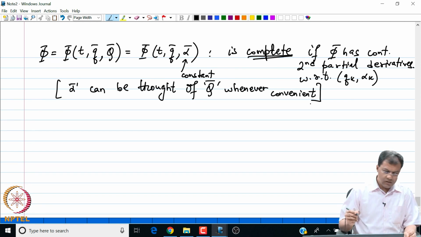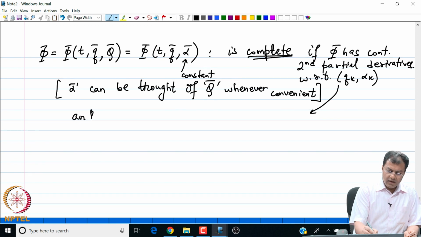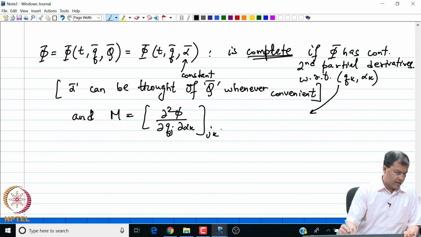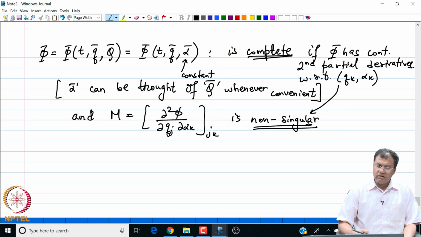Okay, so this is complete if the second partial derivatives exist, and the following Hessian matrix, which is partial squared phi over partial q_j partial alpha_k, with entries j, k, is non-singular. So let us say we have a situation where we can invert the relation for phi, or phi is complete.